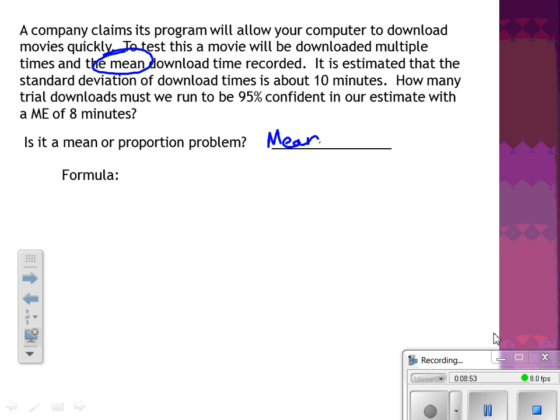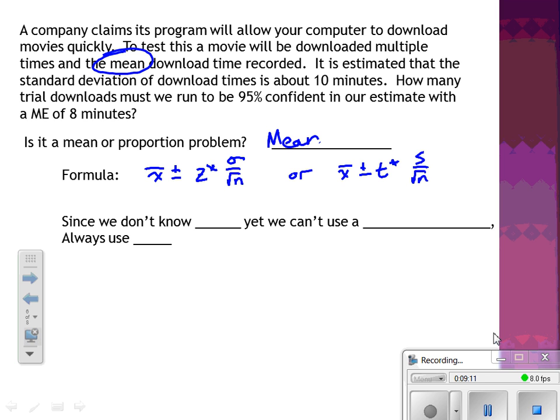So the formula for a mean problem, this is the first mean one we've seen, right? Keep in mind, it'd be x bar plus or minus z star times sigma over the square root of n, or x bar plus or minus t star times s over the square root of n. Now, here's the issue. We don't know the sample size.